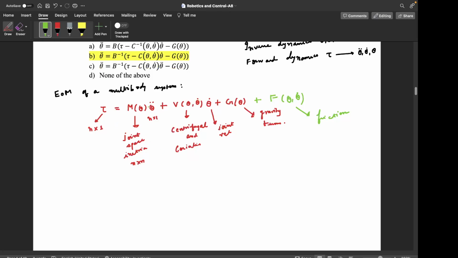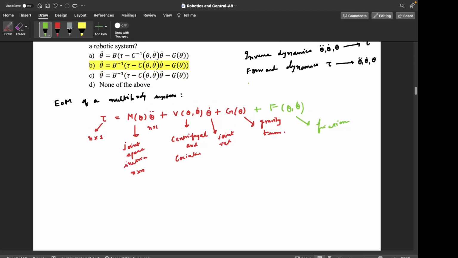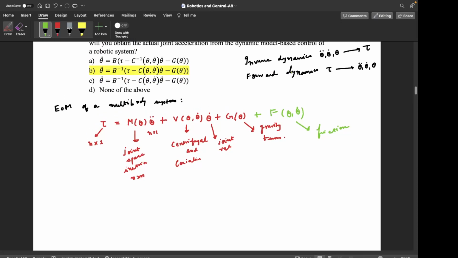So in forward dynamics we know the torques, and we have to compute theta double dot, right? So basically you would take these two terms to the left hand side and then multiply it with the inverse of the inertia matrix, right? That would give you theta double dot, and that is basically what is being done here also, right?